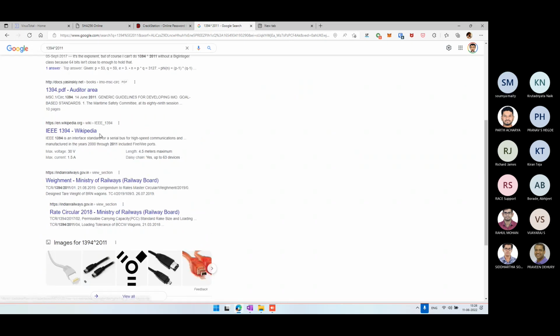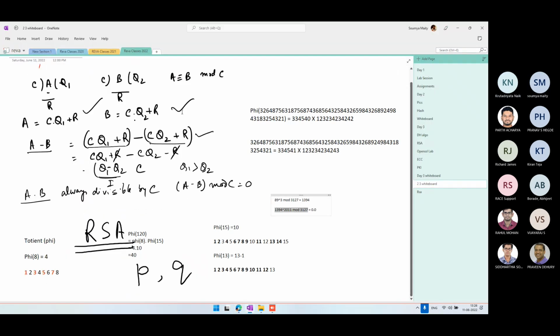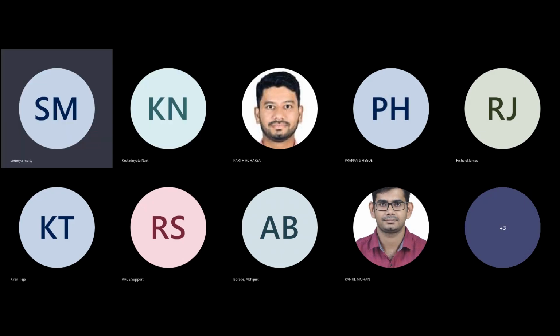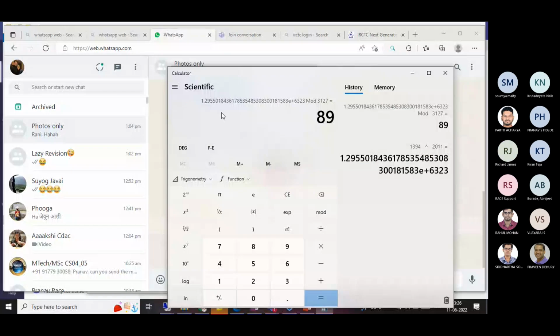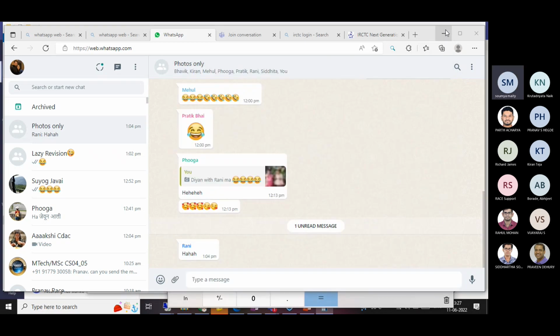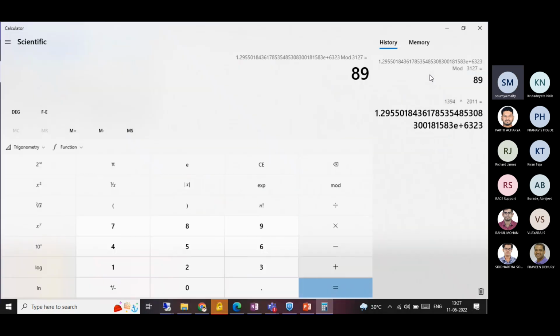But you understood. Try the scientific calculator, it will work. It is showing 89 as well. Shall I share my screen? Yeah, please. What I did was take a very big number. I think we shouldn't have taken 53 and 59.